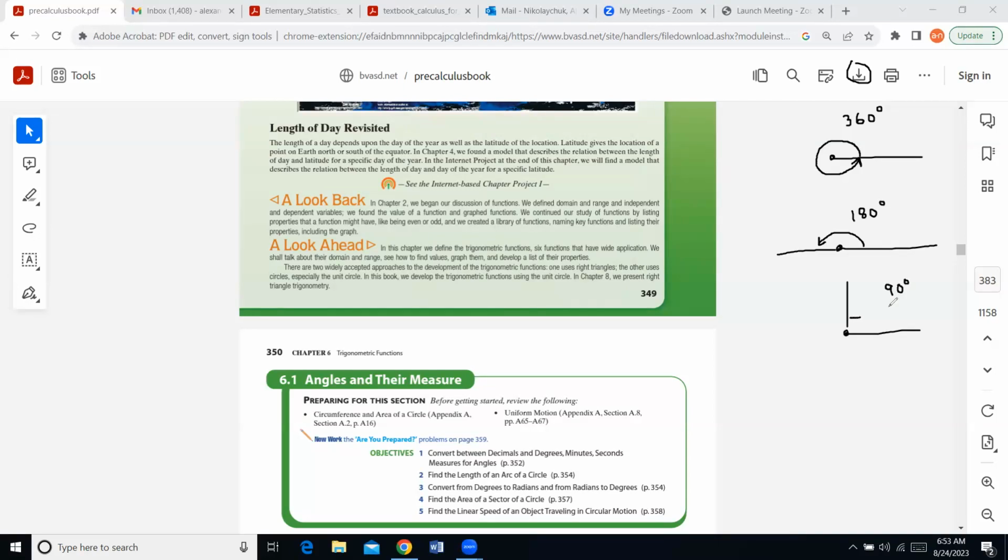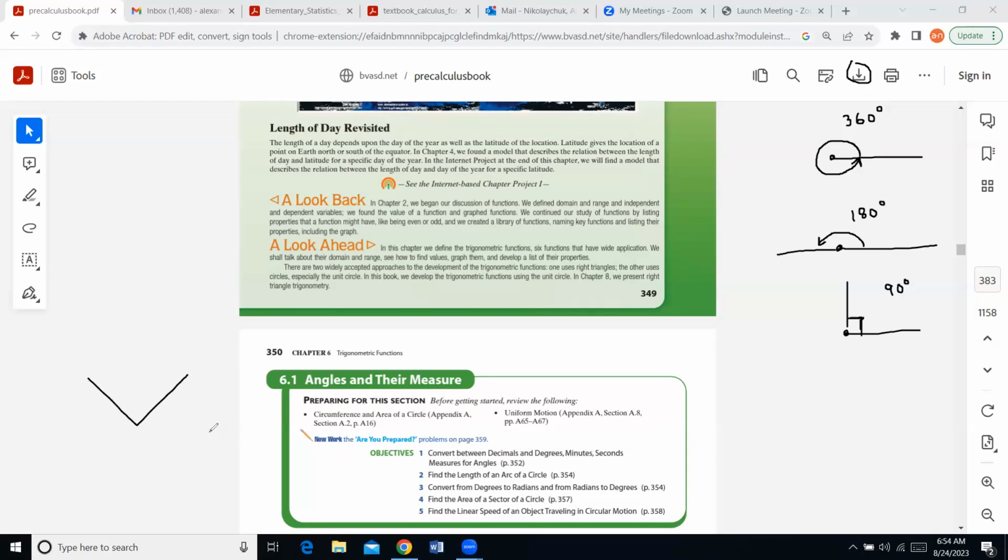And this is going to be the so-called right angle. A right angle is 90 degrees, and it is usually shown by placing this little box in the corner. So whenever you see the box, it means it's a 90 degree angle. And if you don't see the box, if they just gave you some kind of angle that looks like 90 degrees, well, it doesn't have to be 90.